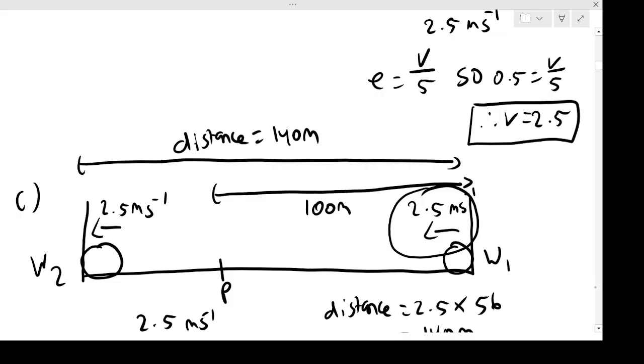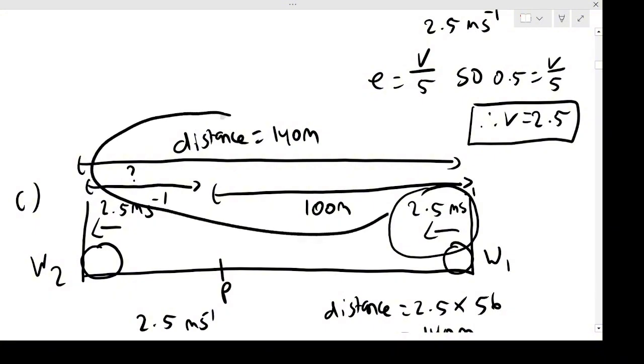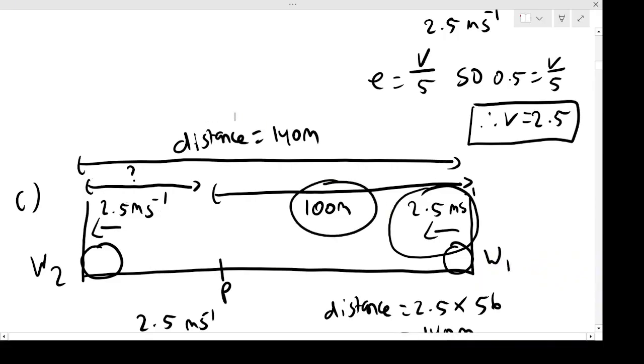So then it wants the distance between wall 2 and the point P. So what's that distance going to be? Well, hopefully, if you look at the distances overall, the whole distance from wall 1 to wall 2 is 140, right? And then the distance from P to wall 1 is 100. So clearly, the distance from wall 2 to the point is going to be 140, take away 100. Okay?